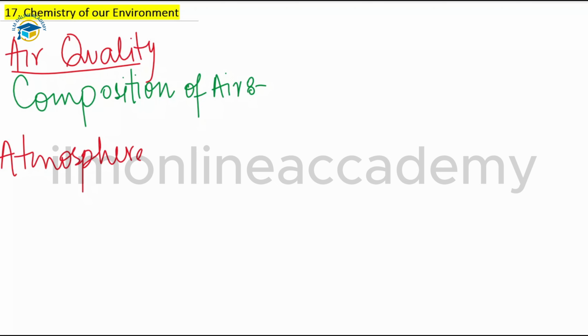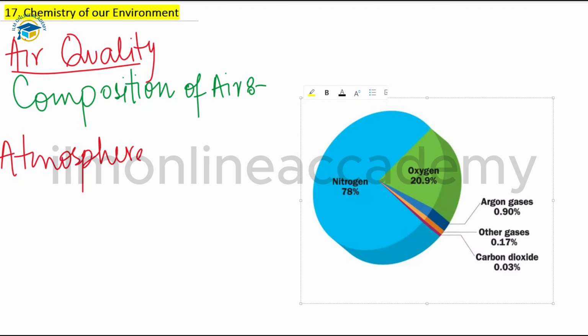Here I will show you a picture that shows the composition of the clean dry air in our environment. As you can see in the picture, we have nitrogen at 78%, oxygen at approximately 21%, and then 1% of the other gases.